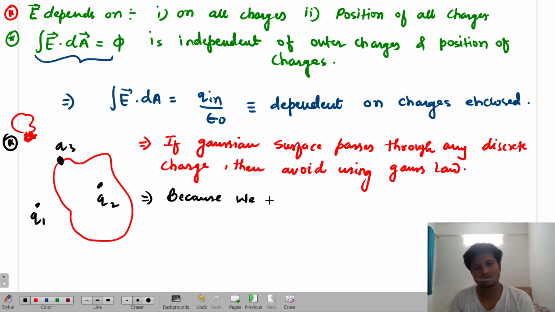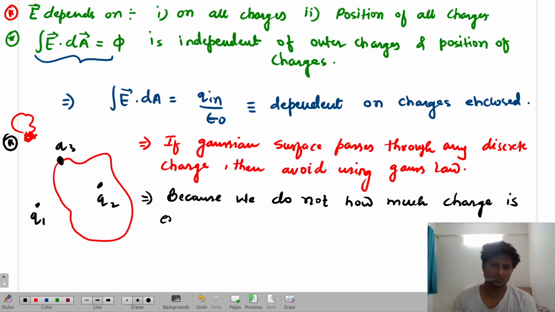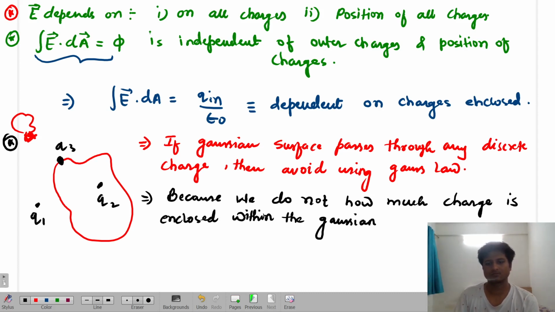Because we do not know how much charge is enclosed within the Gaussian surface. Is that clear?